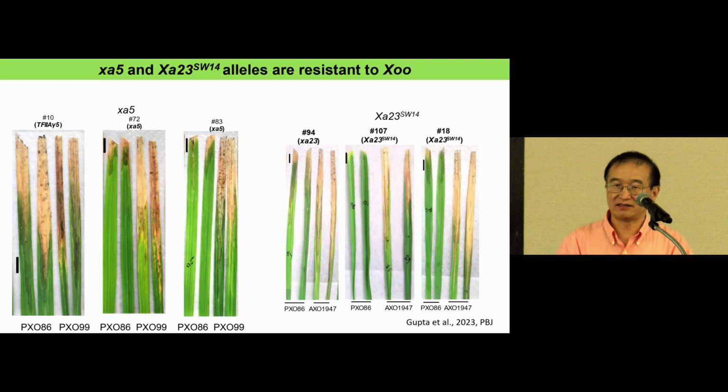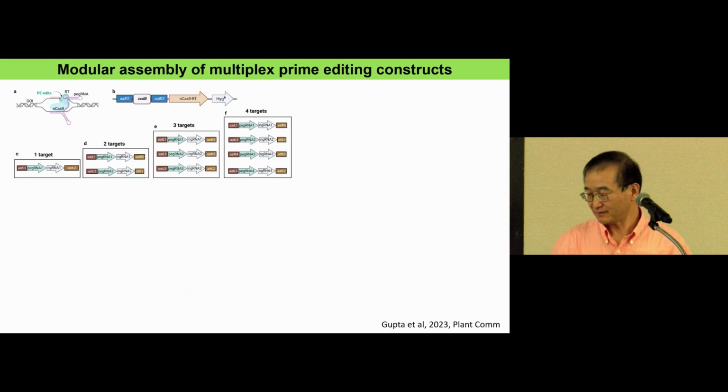The message is, for the edited plants, especially for the XA5, which is recessive, the homozygous or biallelic, especially in T0, could be resistant, and monoallelic or wild type are susceptible. At the same time, the non-functional XA23 with the insertion is dominant and can be resistant in T0 with one or two edit events.